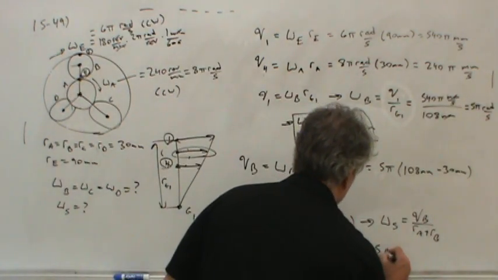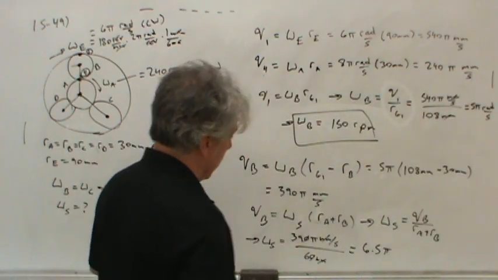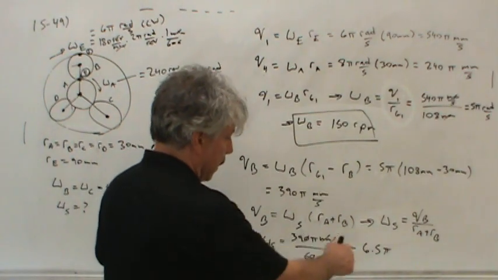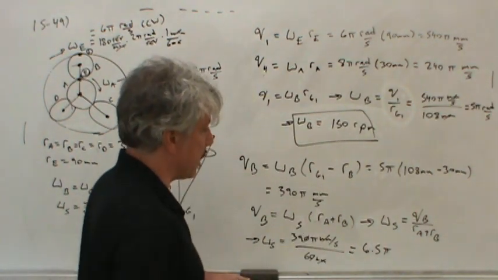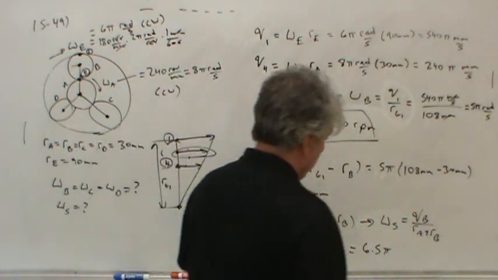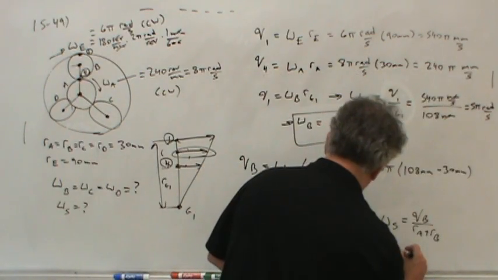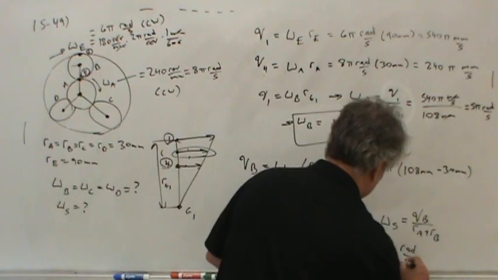So 6 and a half pi, whatever that is. And as far as numbers, we'll put it in your calculator. It's roughly 3 times 6 and a half. So roughly 18, 19 and a half or so? And they would be radians per second.